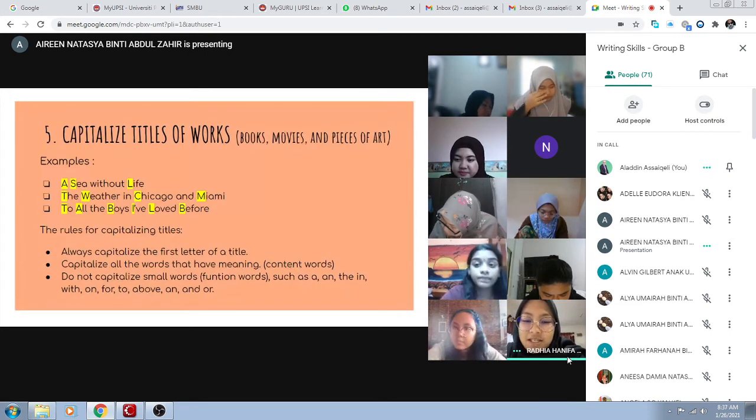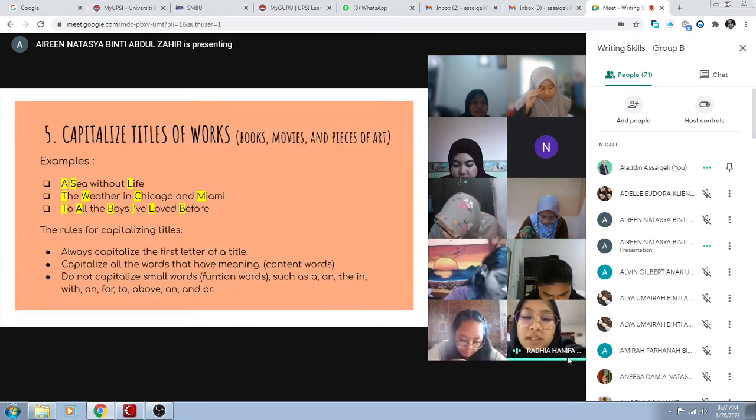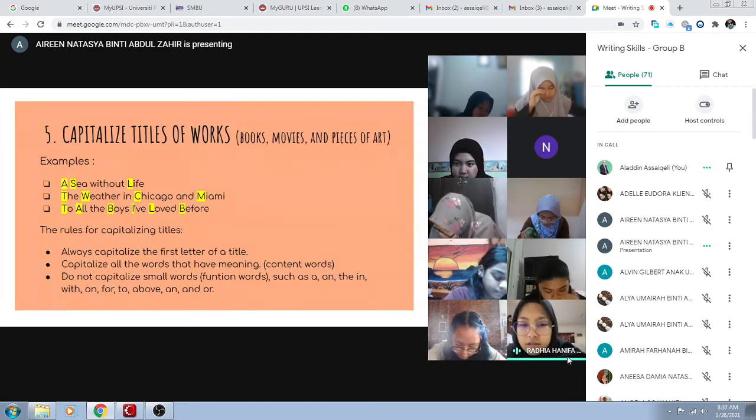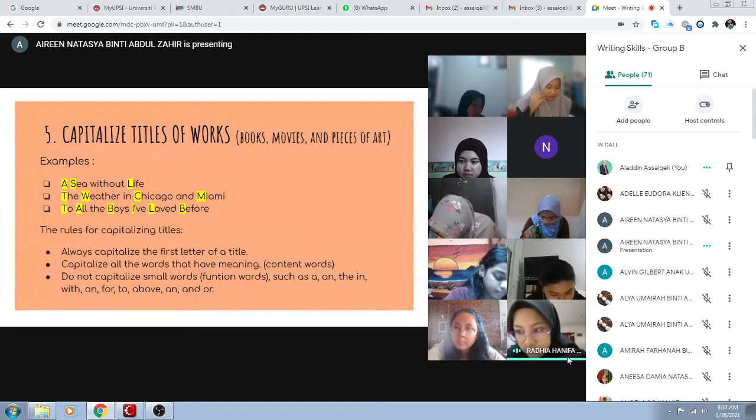Number 3, in the original calendar by the Romans, September was the 7th month. The word Romans, we need to capitalize the word R since it is a proper noun. That's right.